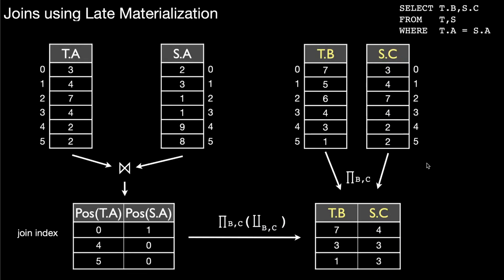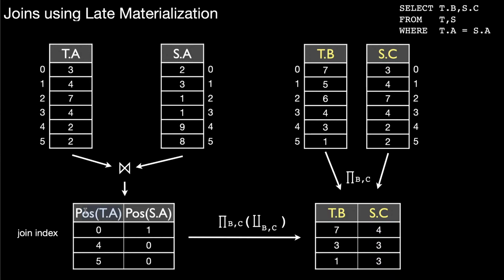If we do that with late materialization, it could be something like that. So basically we execute the join, that's the condition T.A equals S.A. But what do we keep here? We basically keep the positions in that form a join result. So how should that be read?